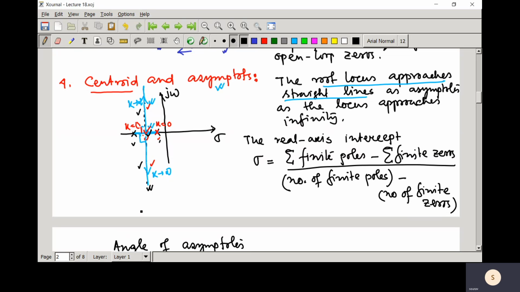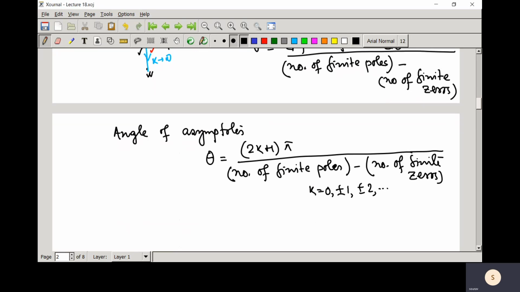It happens whenever there exist some open loop zeros at infinity. So those formulas are needed when some zeros are at infinity.